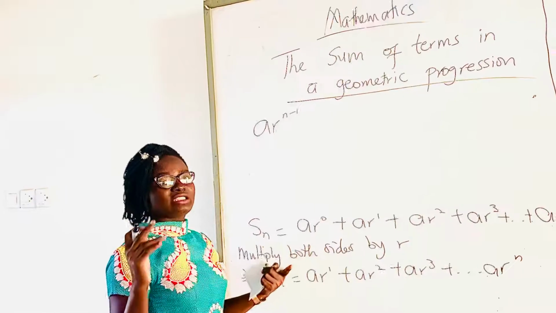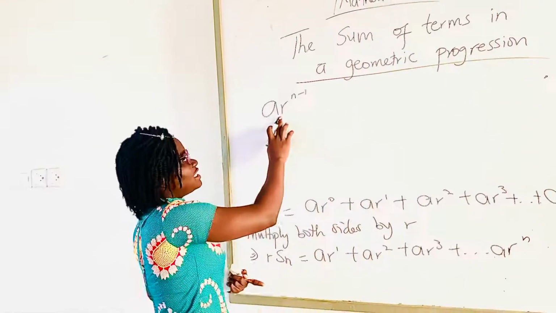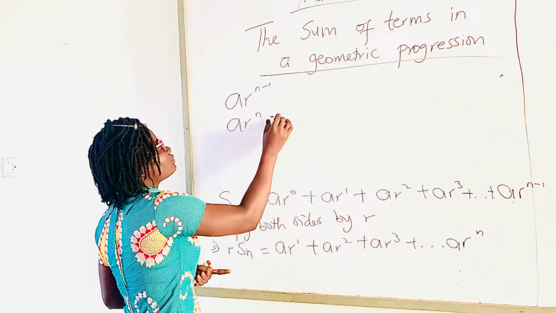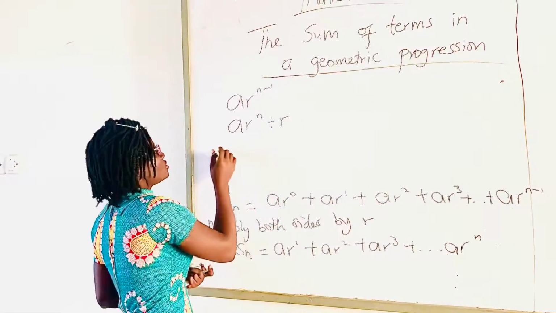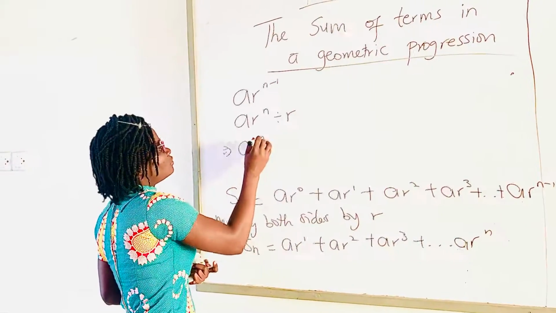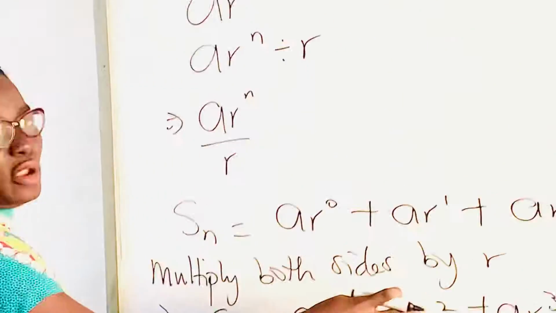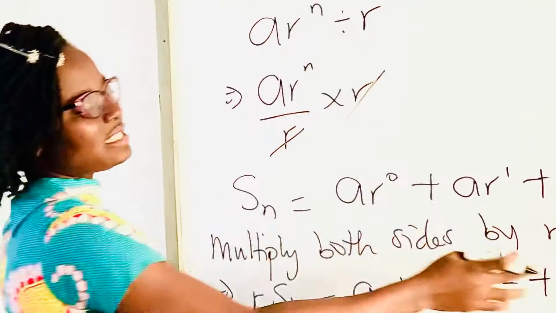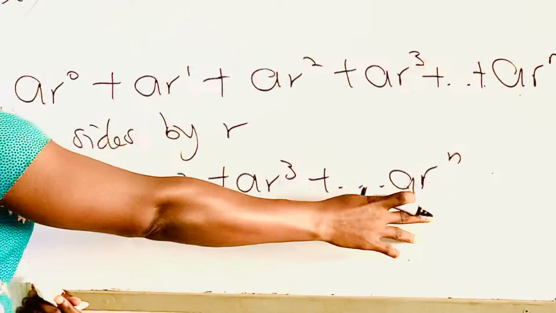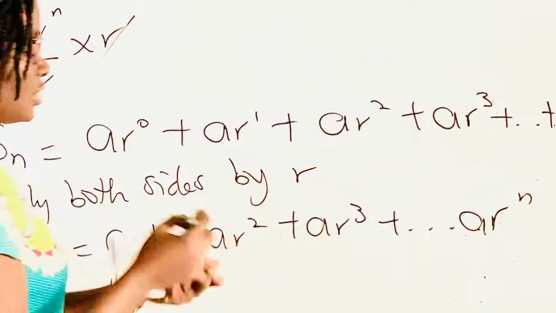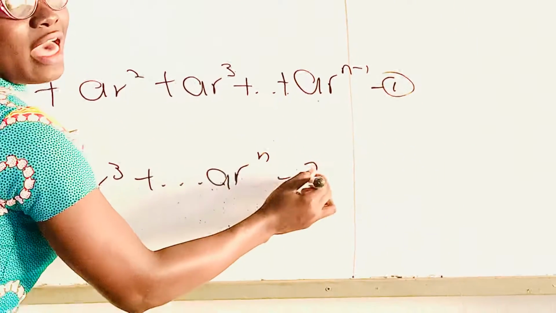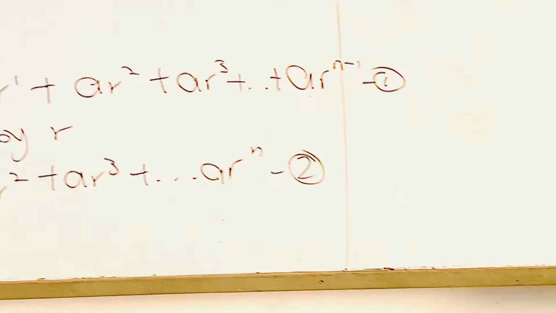We subtract their exponents. So in this case, it became this. Good. Then we multiplied it by r. So r cancelled out. That's how come we have ar exponent n. So this will be our first equation and this will be our second equation.